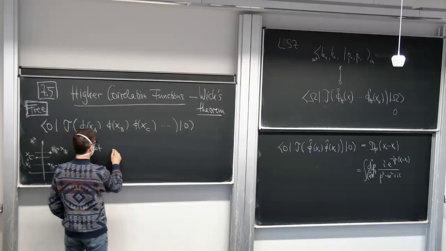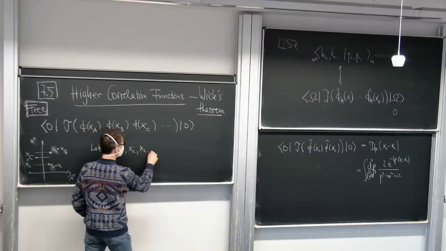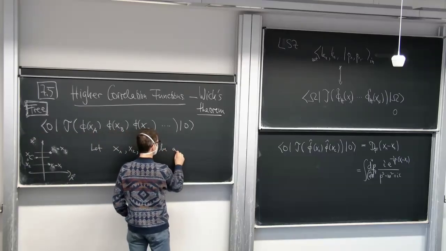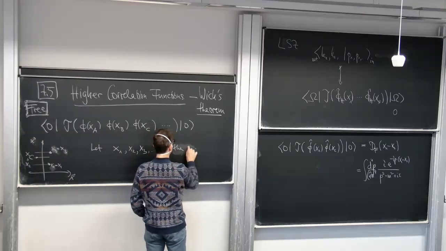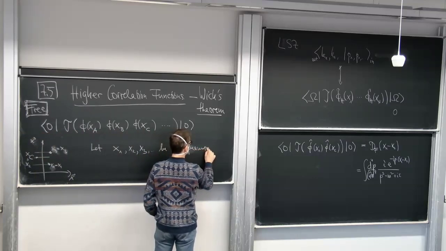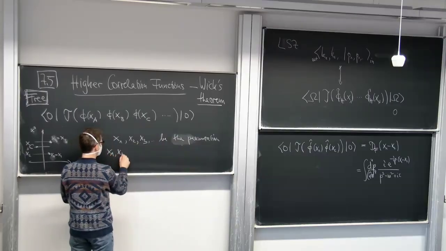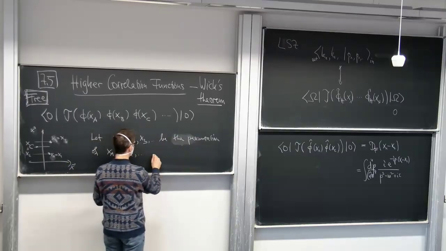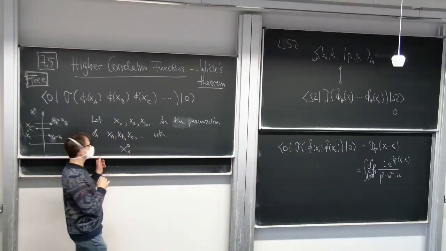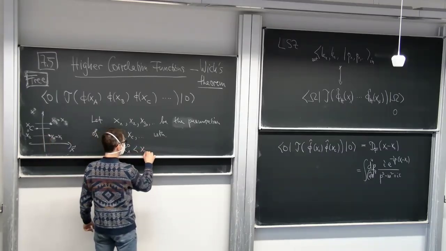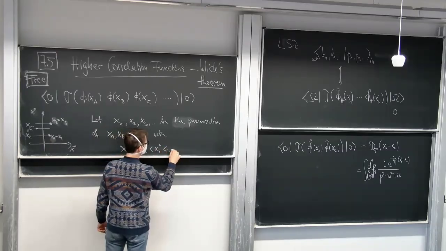So let X1, X2, X3 be a permutation of XA, XB, XC with the requirement that the time of X1 is the first, then X2, X3, and so on.